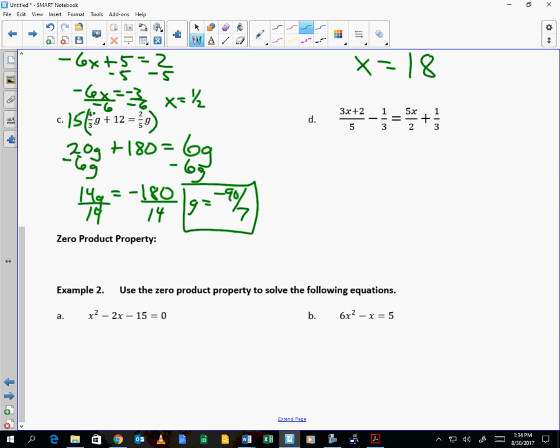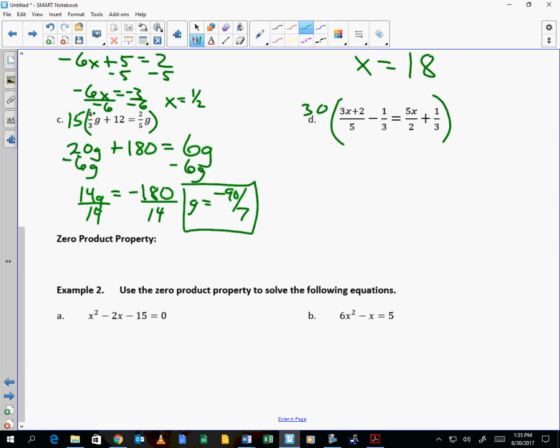How about the last example of the linear problems? I'm going to multiply by 30. Are you okay with 30?